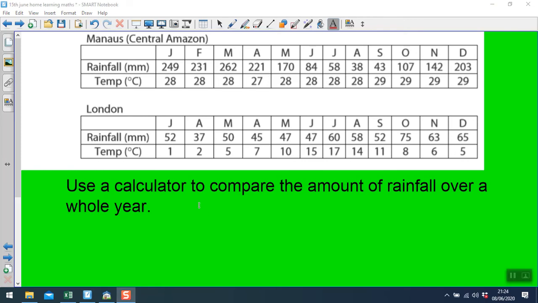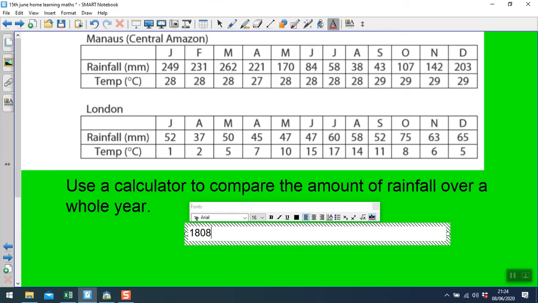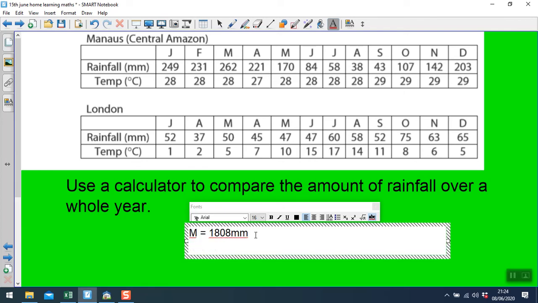So the total rainfall in Manaus is 1,808 millimetres. And the total number of millimetres of rainfall in London is 651 millimetres.